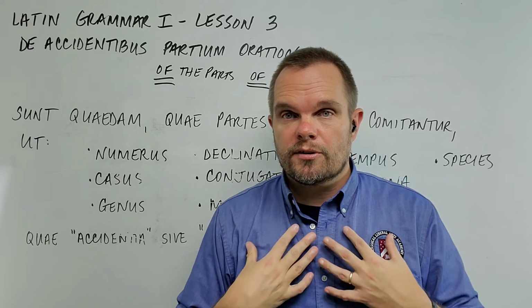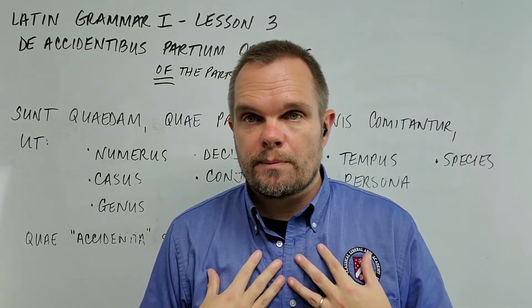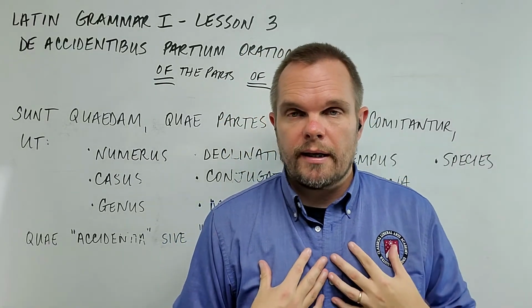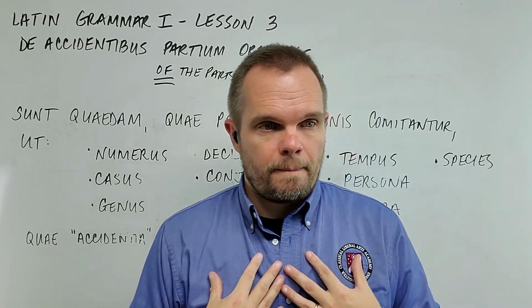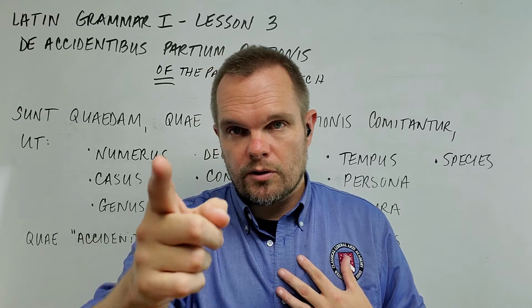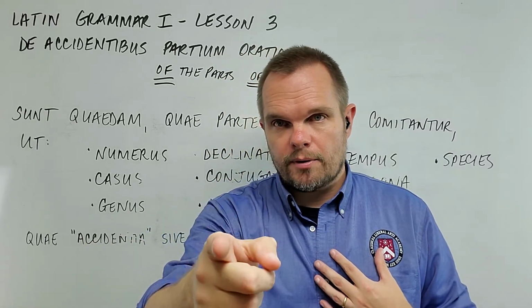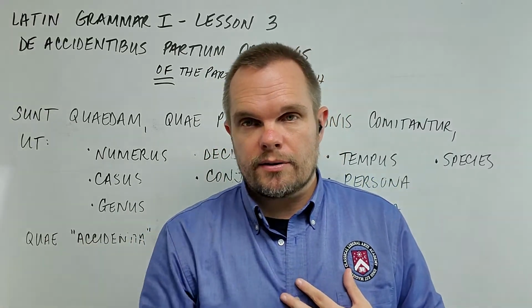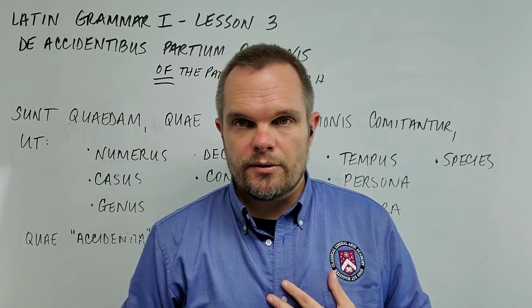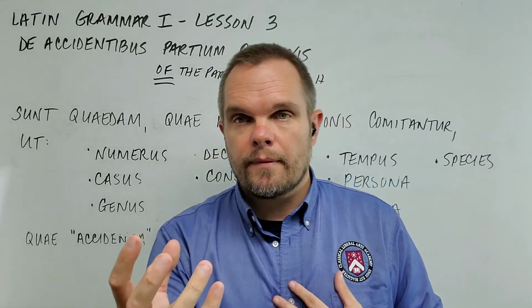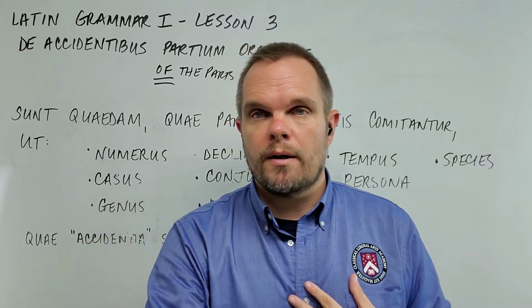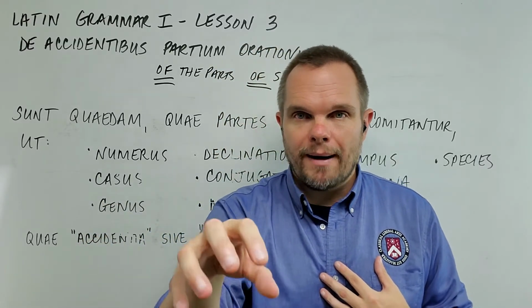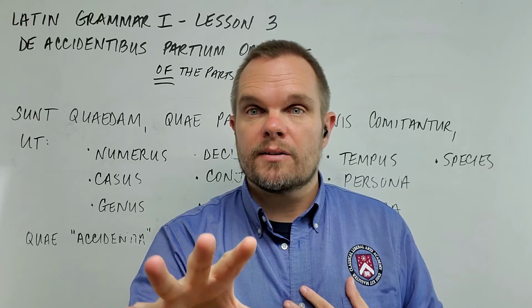Because it refers to the subject I, it's first person, just like the pronoun ego. Amas, you love. Second person. The verb is second person. It has the idea of you love built into the form of the verb.